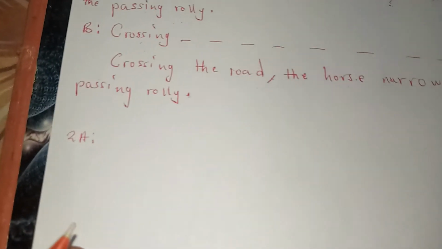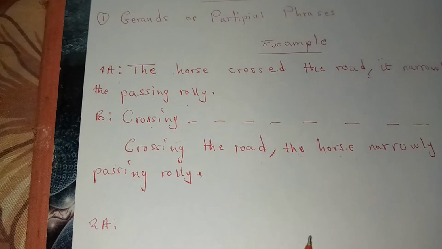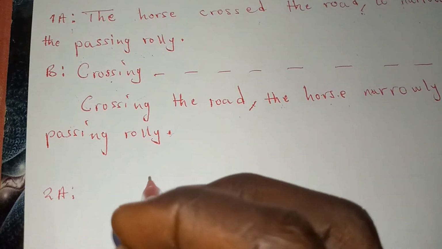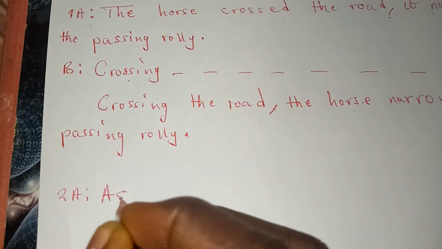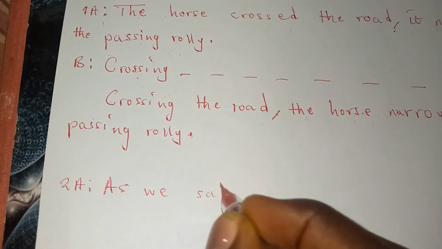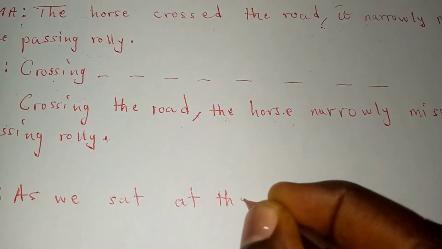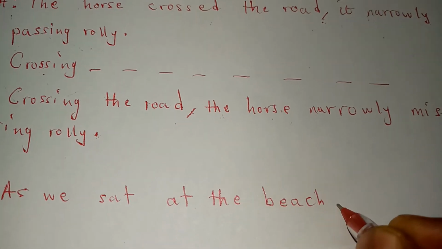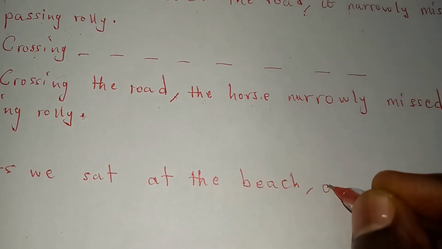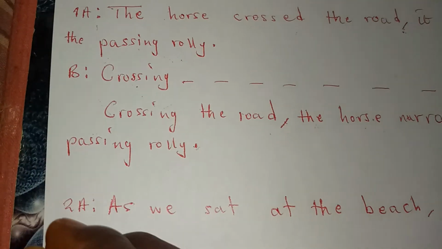Our second example will be this one. As we sat at the beach, comma, a hippo chased us.